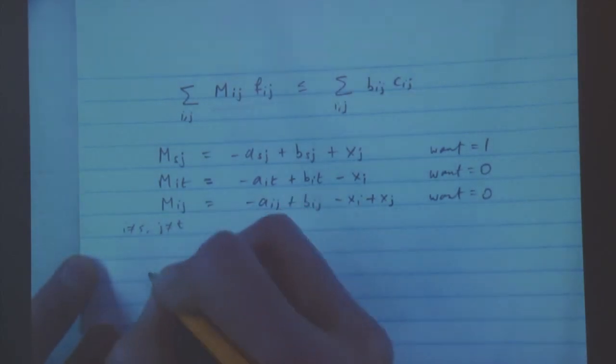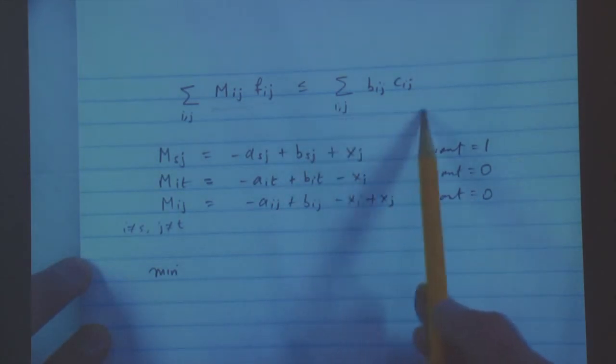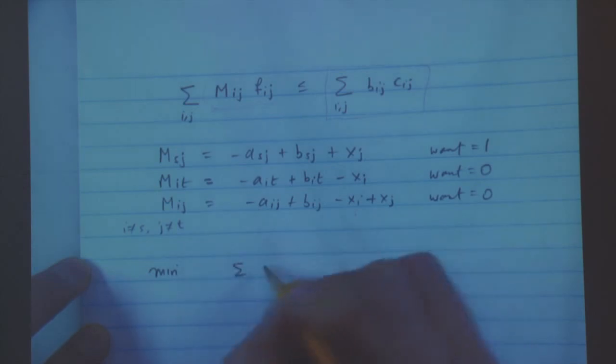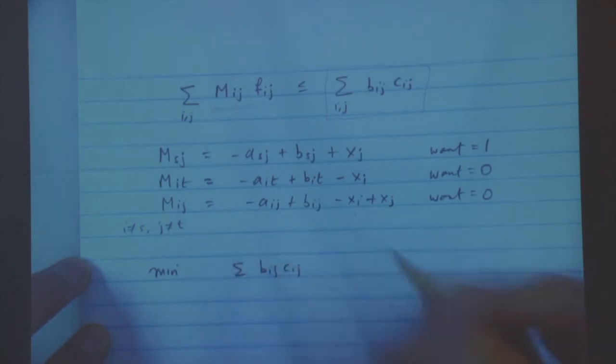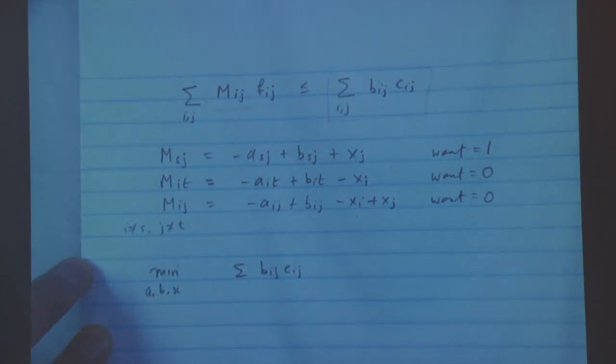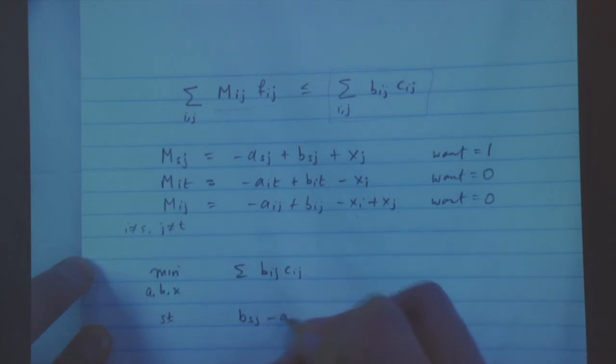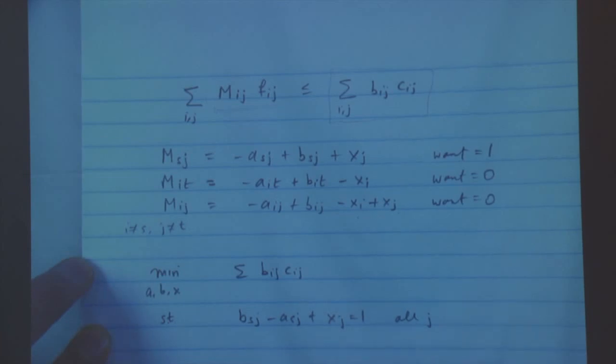Okay, so now we're able to write down the dual problem, which is going to be the smallest value we can make this upper bound, where we have variables a, b, and x, subject to the constraints that we have to have bsj minus asj plus xj equal to 1 for all j such that s and j are an edge.